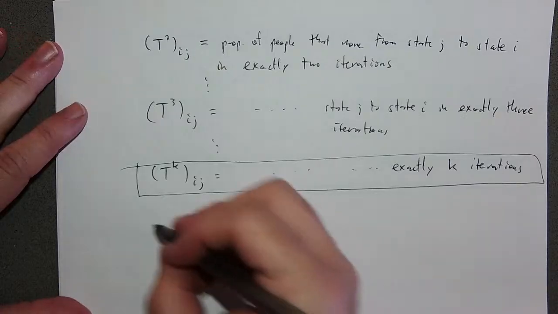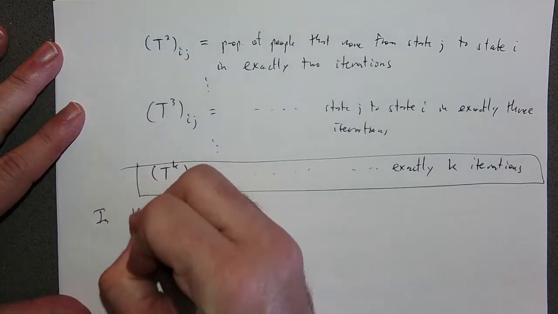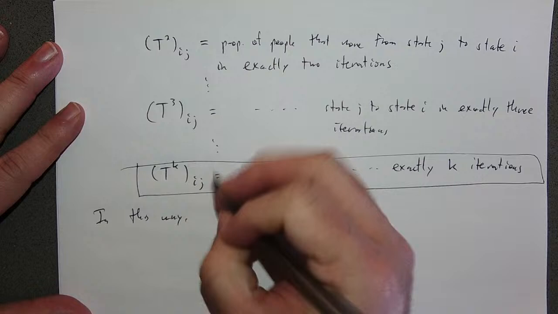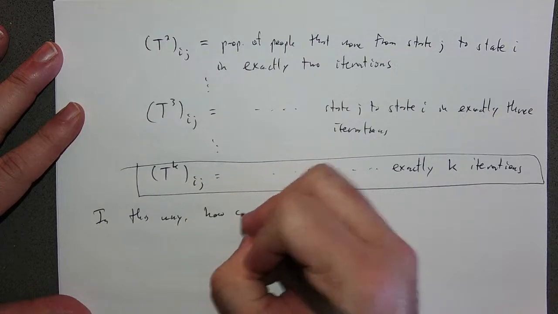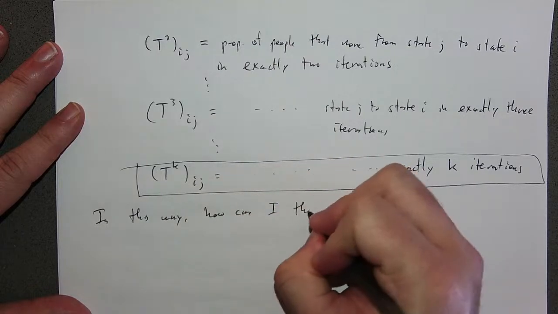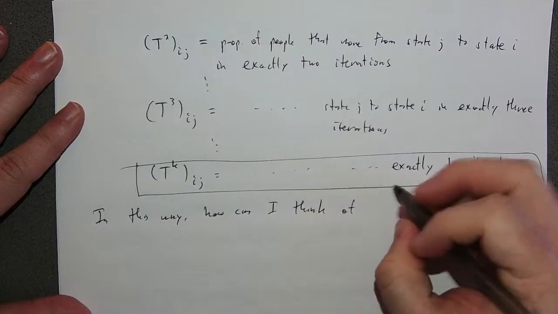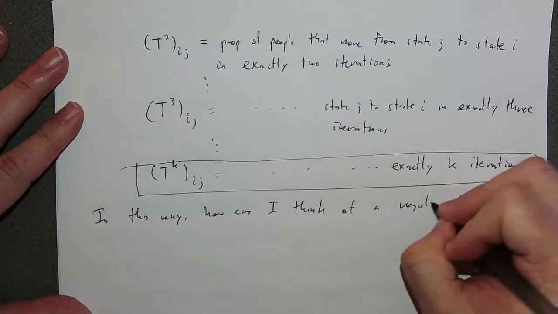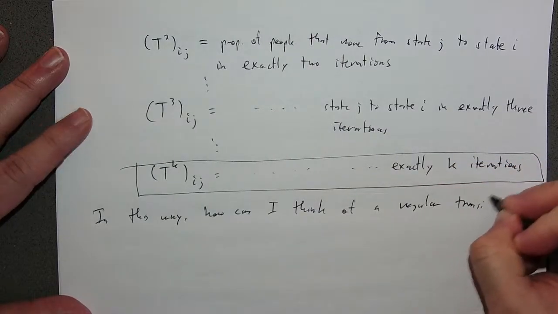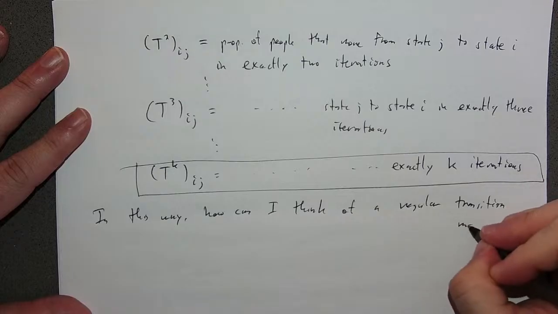So in this way, how can I think of a regular transition matrix?